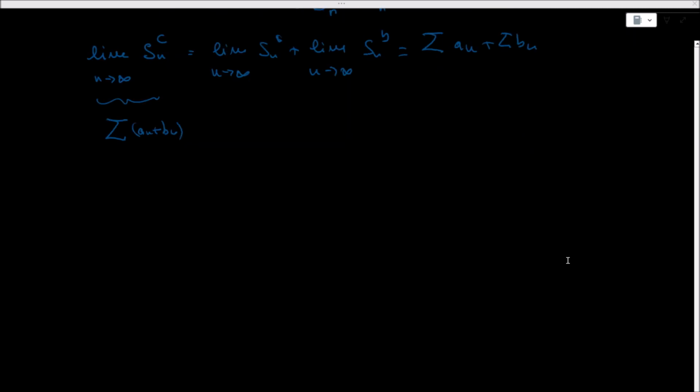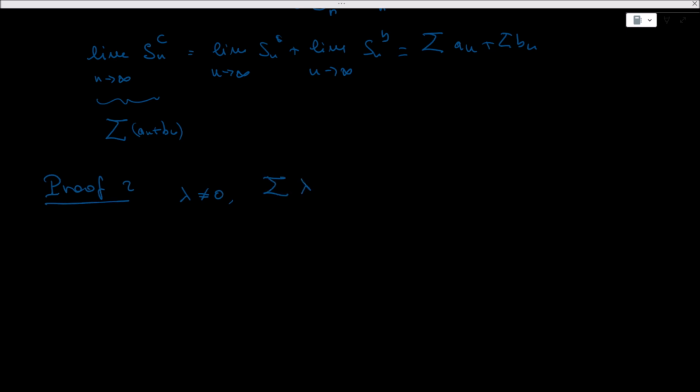Also, the proof of the second theorem is straightforward. Remember that the second theorem says that if lambda is different from 0, the sum of lambda an is just equal to lambda times the sum of an. Well, what can we do now? We just take the sum of lambda ak for k that goes from 0 to n.